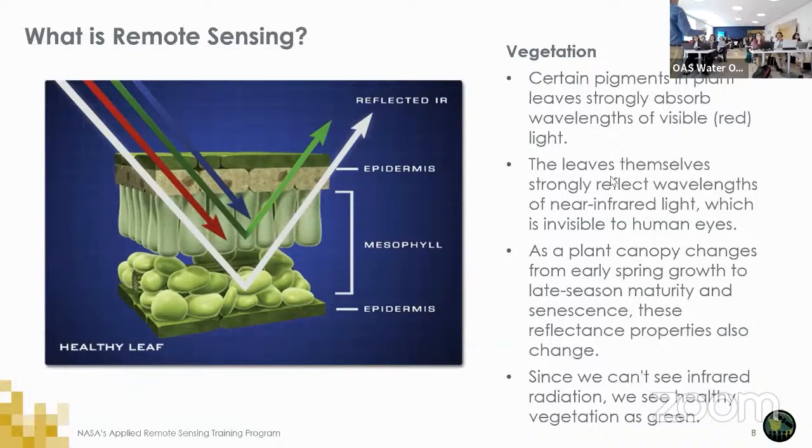If you're interested in agriculture, when you plant and when things green up and then senesce, or if you're looking at seasonal changes in natural forests, deciduous forests that have a peak in greenness and then a senescence when they stop photosynthesizing, you can use these spectral bands to observe that throughout the season.